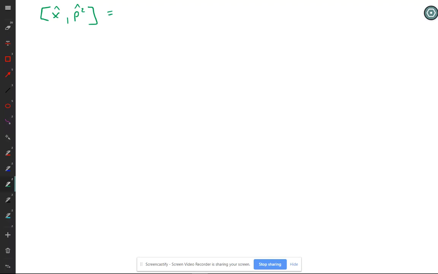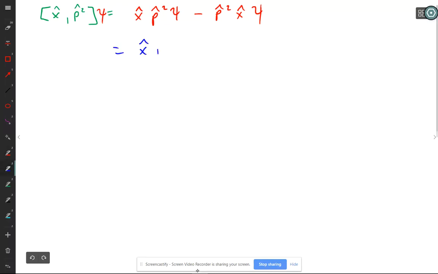So let me quickly do my own work here now to see if we all got the same place. I know I've looked at yours. So I have x operator, I'm going to throw the psi there. X operator, p operator squared psi minus p operator squared x operator psi. That's equal to x operator p squared psi minus p operator squared x psi.